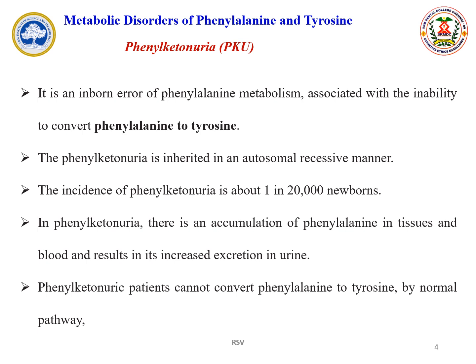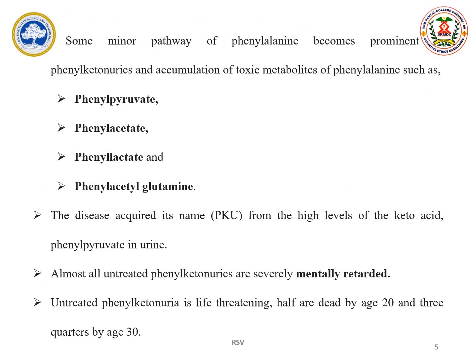Phenylketonuria is inherited as an autosomal recessive disorder. The incidence of phenylketonuria is about 1 in 20,000 newborns. In phenylketonuria, there is an accumulation of phenylalanine in tissues and blood, resulting in its increased excretion in urine. Phenylketonuric patients cannot convert phenylalanine to tyrosine by the normal pathway.